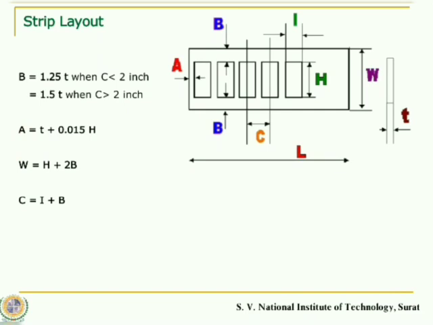Another thumb rule is that the value of A is taken as T plus 0.015H. Similarly, the value for W is H plus 2B, which is clear from the image, and the value of C is taken as I plus B.